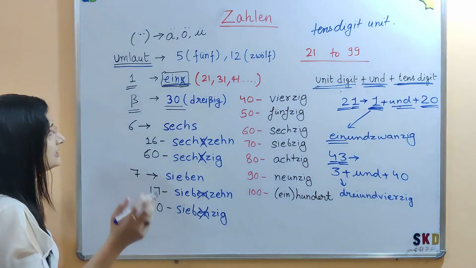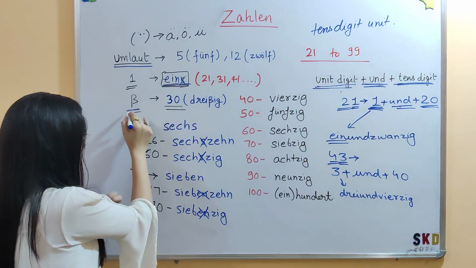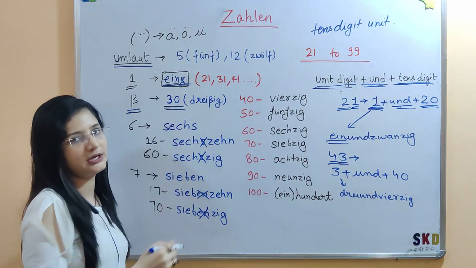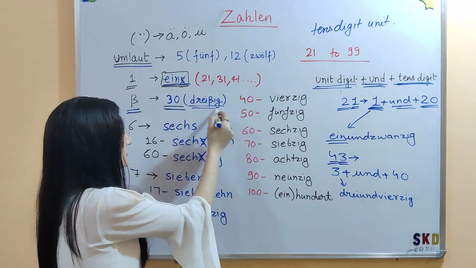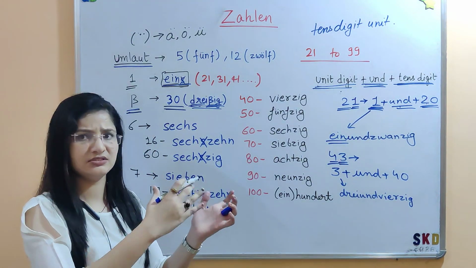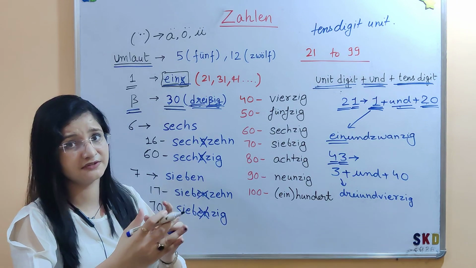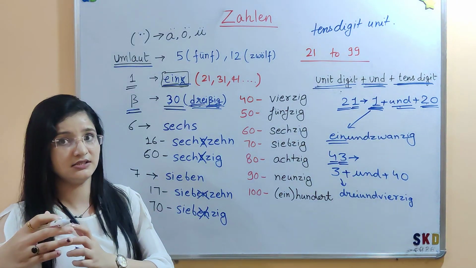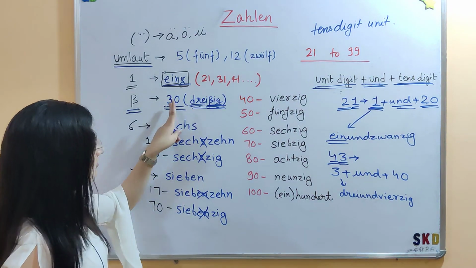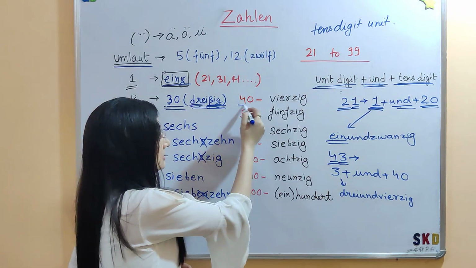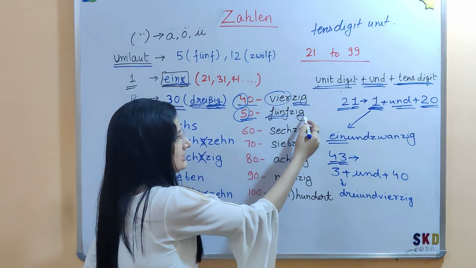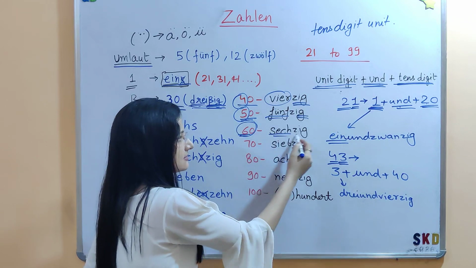Now, another thing to remember is the ß. It is only there in one German number, that is 30. Drei, then ßig: 30. Like in English, 3 is three and 30 is thirty, 4 and 40, 5 and 50, 6 and 60, where we add T. Similarly in German, we add ßig: 30, 40, 50, 60, and so on.